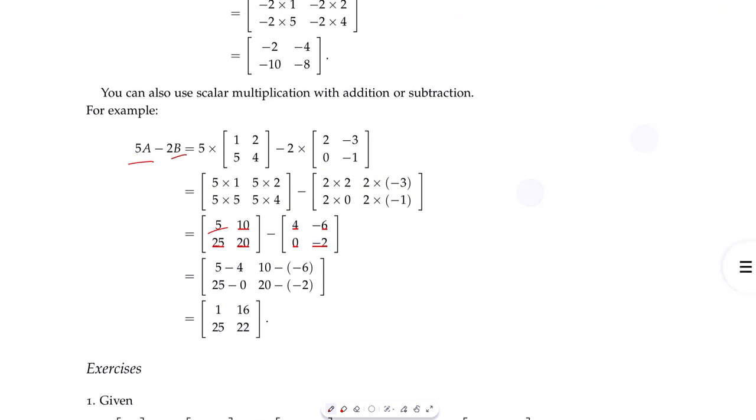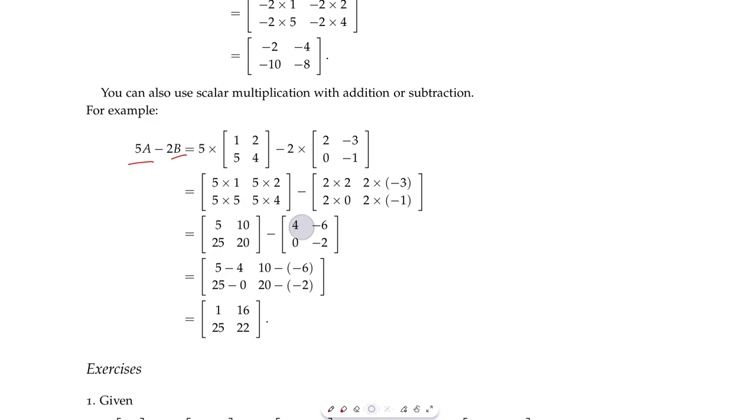Then you want to do the subtraction now. So let's do it together. You can see the sign here is minus. Since that sign is minus, that means we have to use subtraction.